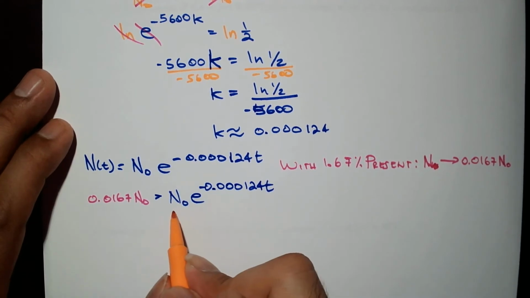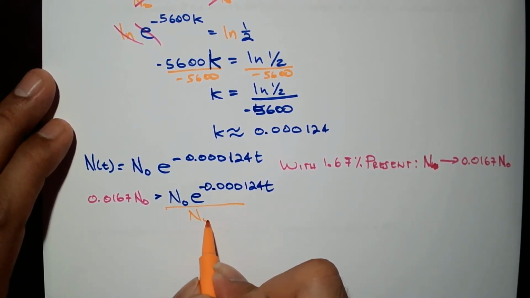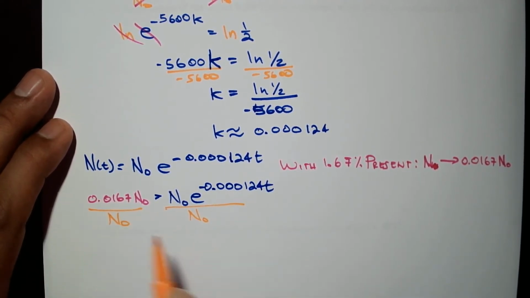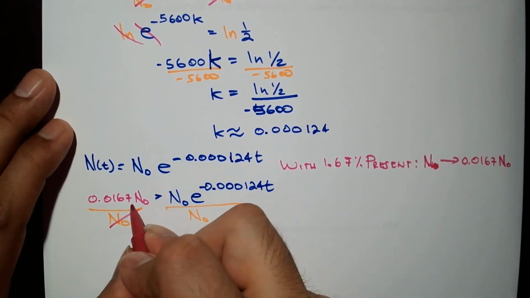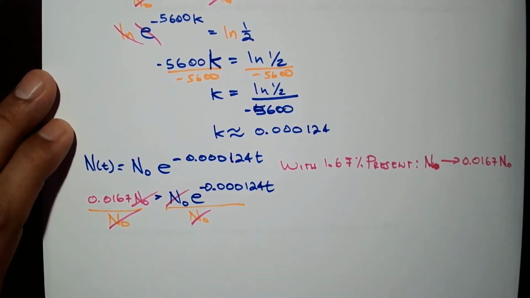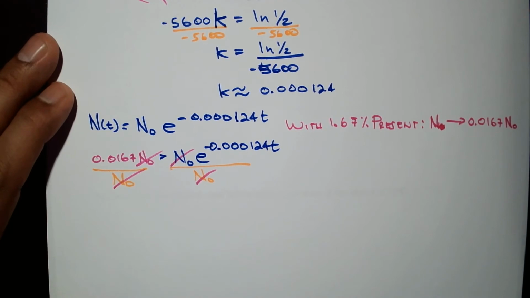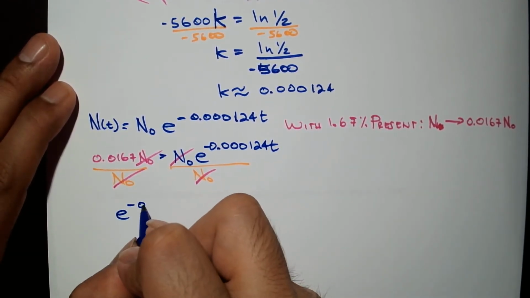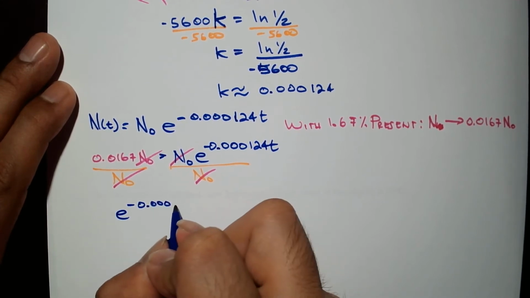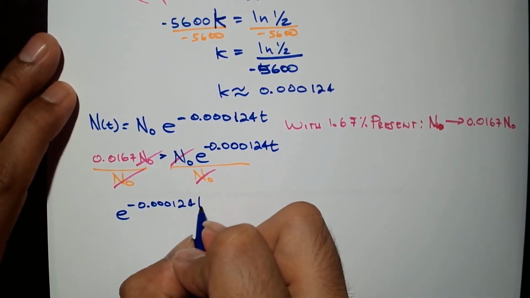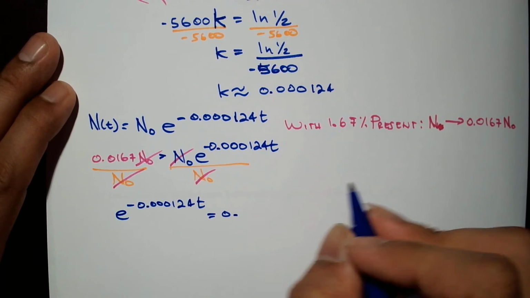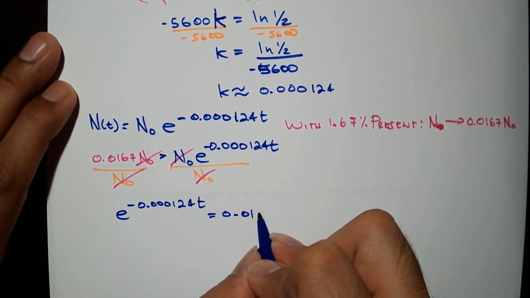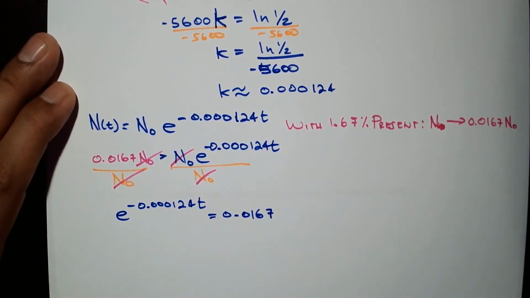So when we divide again by N initial, what do we get? Well, the N initials cancel, and e to the negative 0.000124 t equals 0.0167.